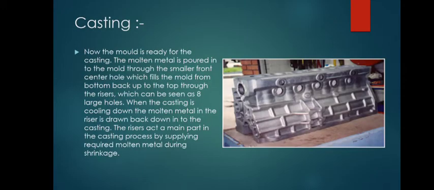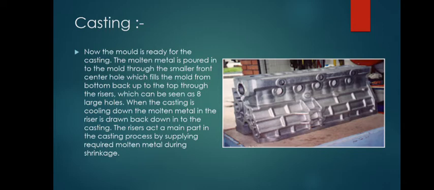After the mold making and core making, the casting process is started. Now the mold is ready for the casting. The molten metal is poured into the mold through the smaller front center hole, which fills the mold from bottom back up to the top through the risers, which can be seen as 8 large holes.